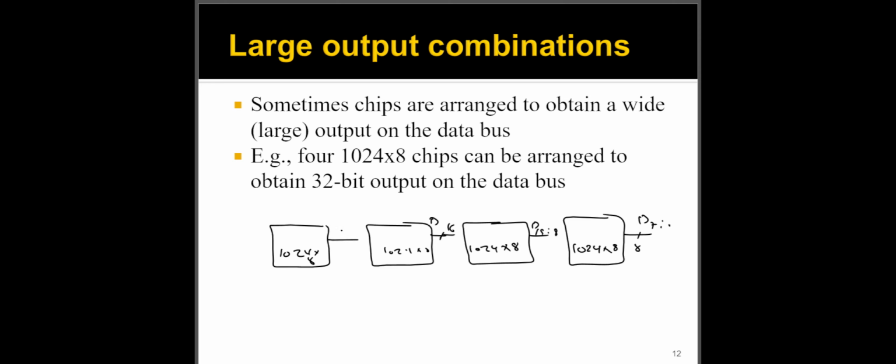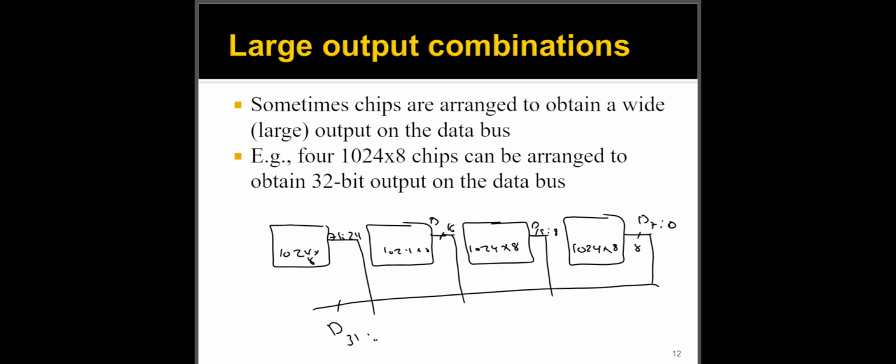And then the last one is 24 up to 31. Okay, and all of these are connected to my data bus that is D31 down to 0. So I was able to use 4 chips side by side to get a wider output, right?